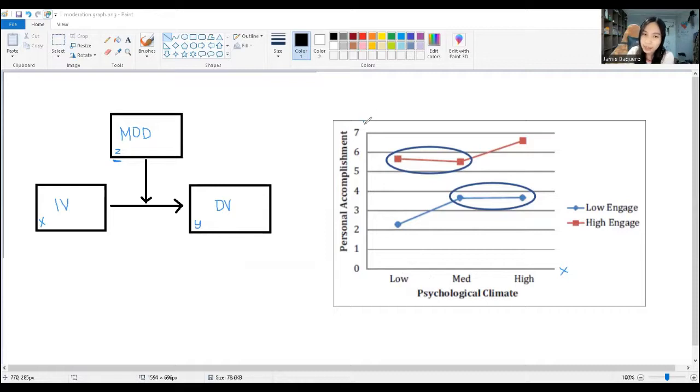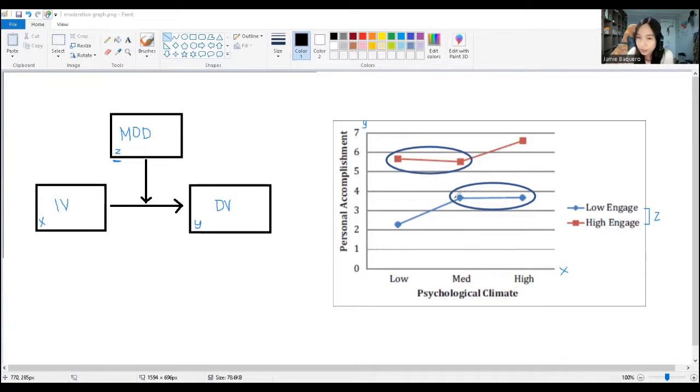And on the y-axis, we have here the personal accomplishment, while the low engaged and the high engaged is what the z variable is, or also the moderator. Now, the question here is, does work engagement moderate the personal accomplishment of each worker caused by the psychological climate in the workplace?